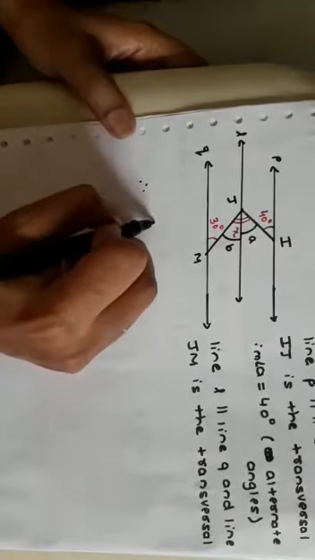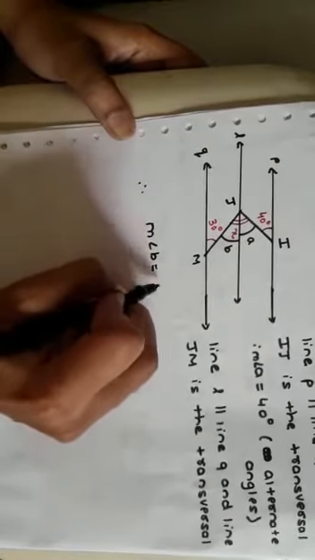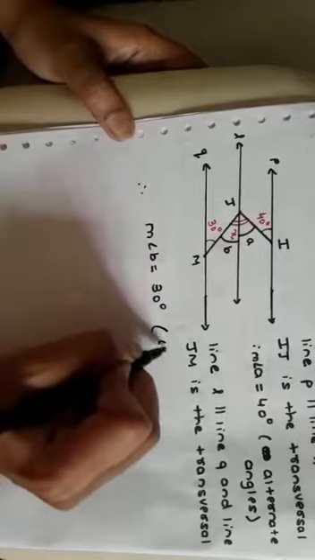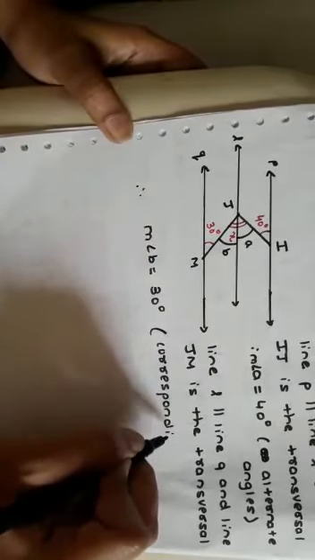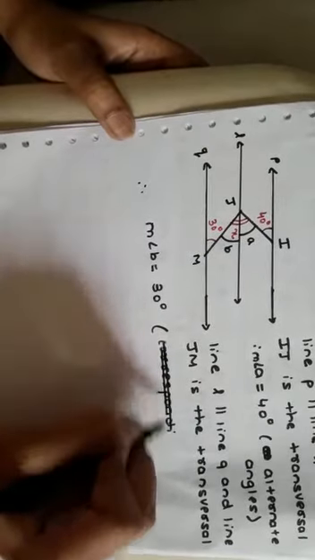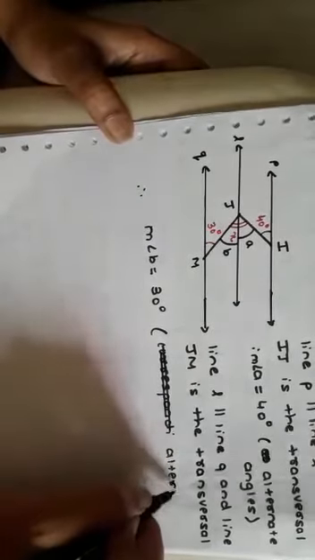Therefore, measure angle B is equal to 30 degree. The reason is alternate angles.